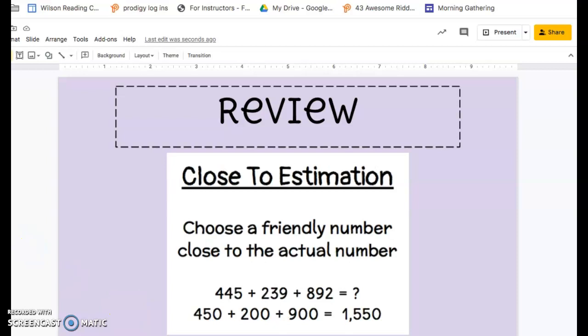Close to estimation gets you a closer number when estimating. For example, 445 can be estimated to 450, 239 can be estimated to 200, and 892 can be estimated to 900 to get a closer estimation answer.